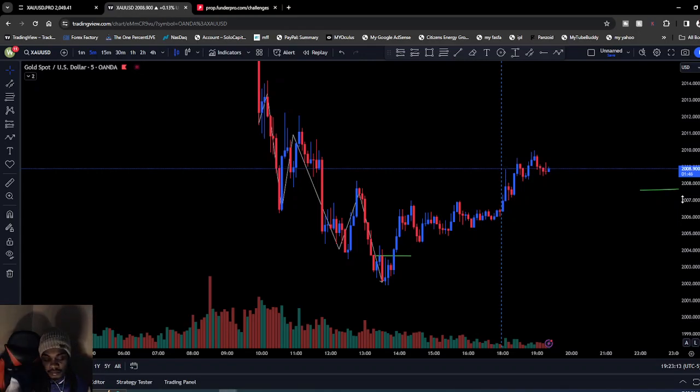So utilizing imbalances this way, I found it to be very easy figuring out when to get into the market, and how you can get into the market at any point of the session that you managed to catch the market on.